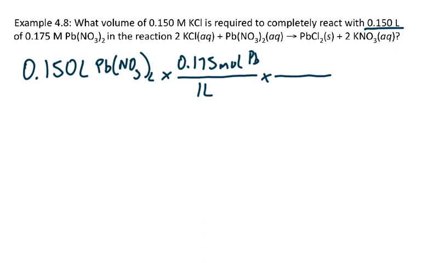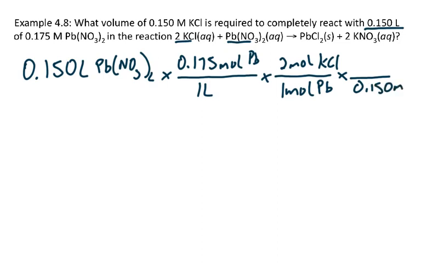Then I'm going to convert from my lead compound over to my potassium chloride using my balanced equation. So 1 mole of my lead compound gets me 2 moles of KCl. And then I know that my KCl is 0.150 moles in 1 liter from this.